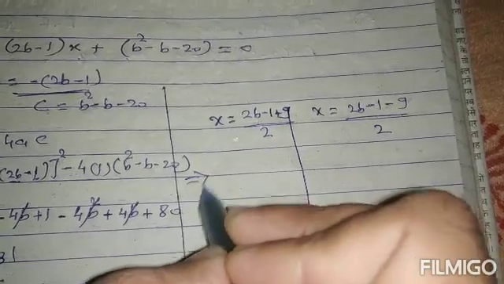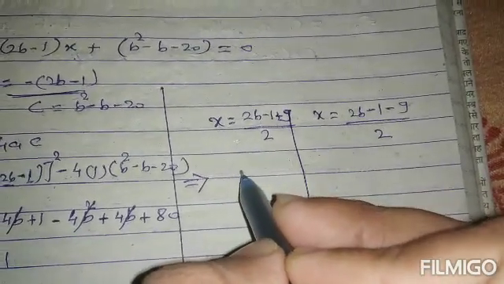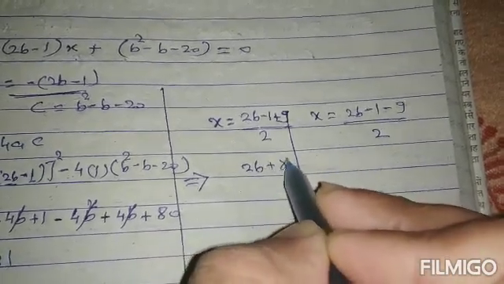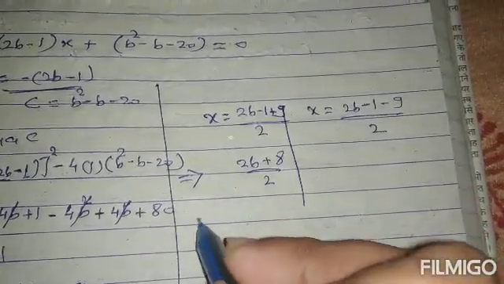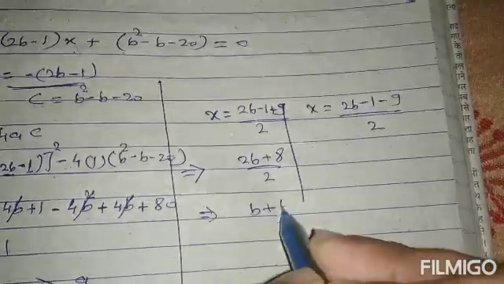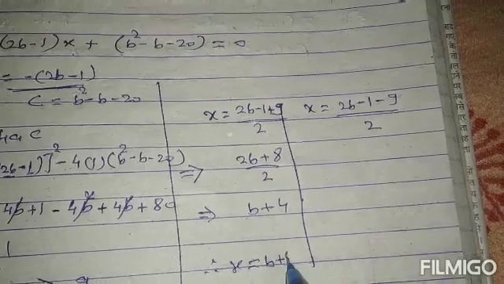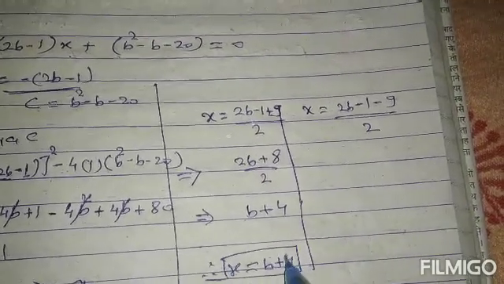If you solve this one, this can be written as 2b plus 8 upon 2. This can be written as b plus 4, since 2 fours are 8. Therefore, x equals b plus 4 as one solution.